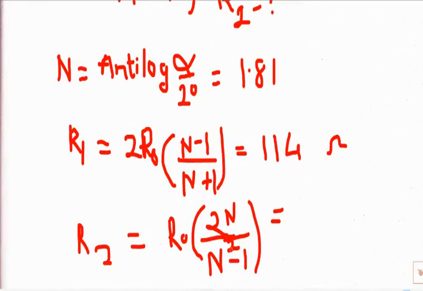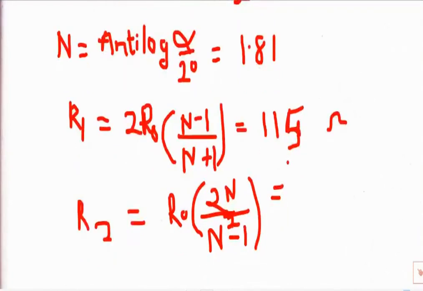Series arm is 116 ohm. R1 115, 115. Okay, majority is with 115. So 115 ohm. 114, 115 are approximate values. And shunt arm, anyone? Shunt arm resistance, anyone?